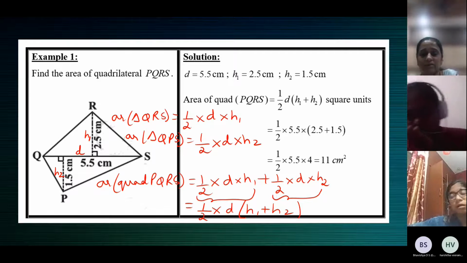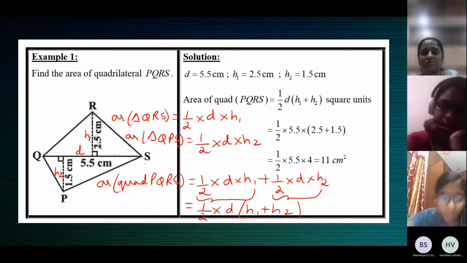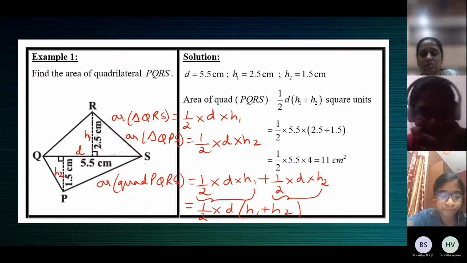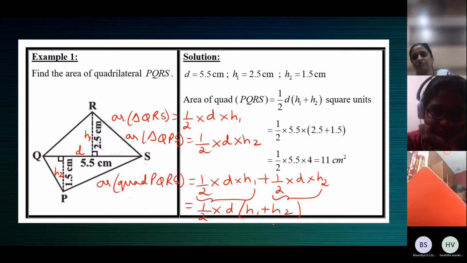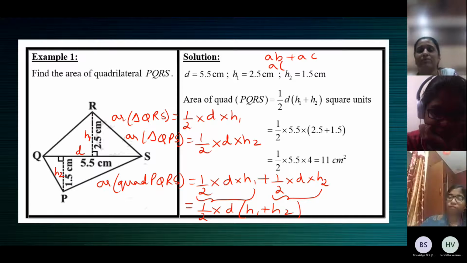Half D is common, so write it out. Half D is outside, and in the bracket H1 plus H2. Like if you have AB plus AC, if you take out A common, in the bracket you must write B plus C, because A into B is AB and A into C is AC.